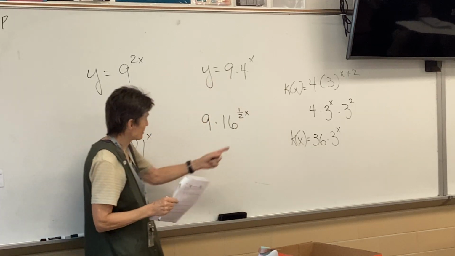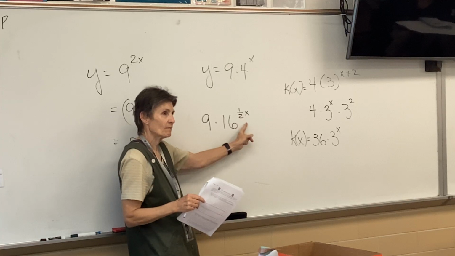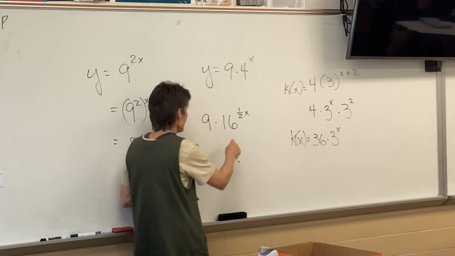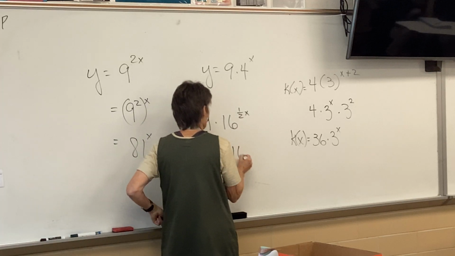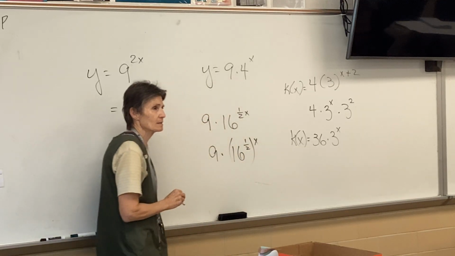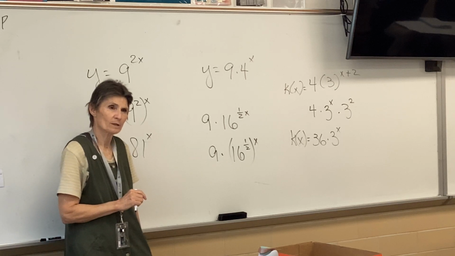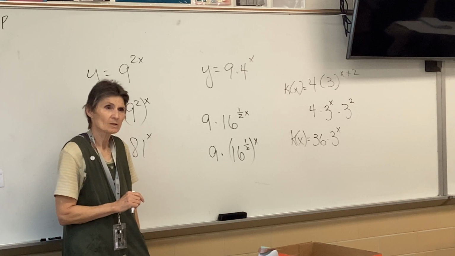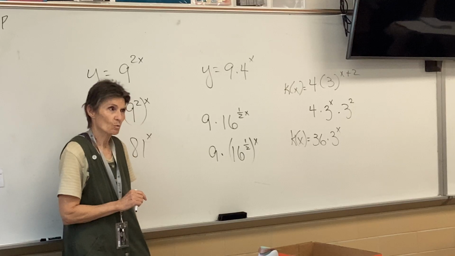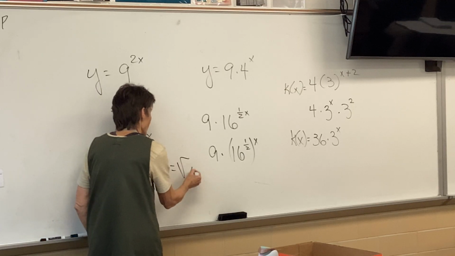X over 2, using Charlie's idea from a minute ago. That's 1/2 x. So I can make that 16 to the 1/2 to the x. And what does a 1/2 exponent mean? Square root. So x to the 1/2 means the square root of x.